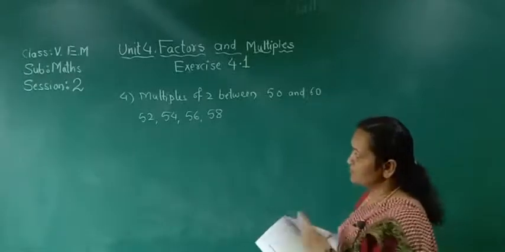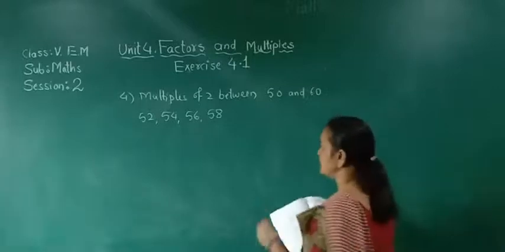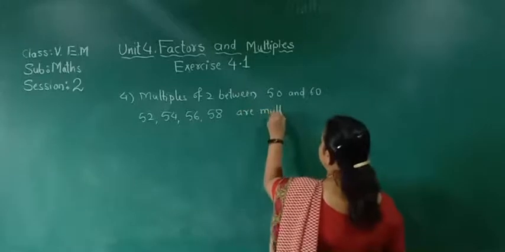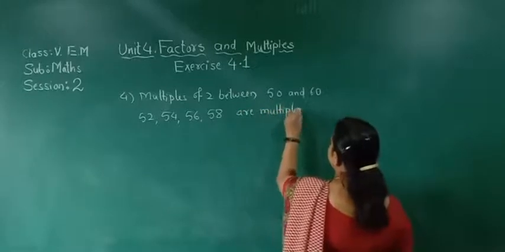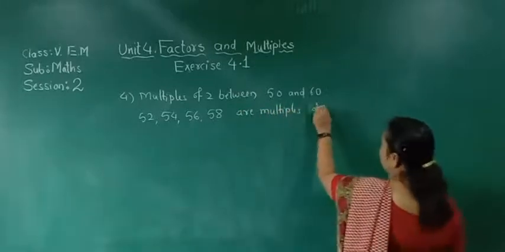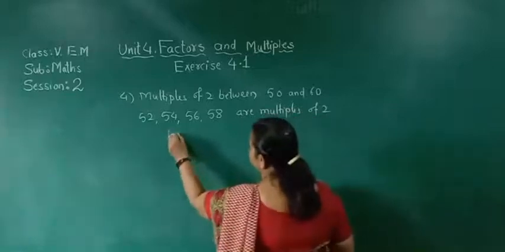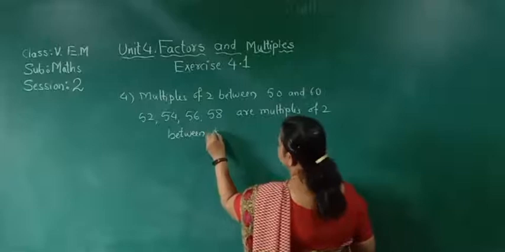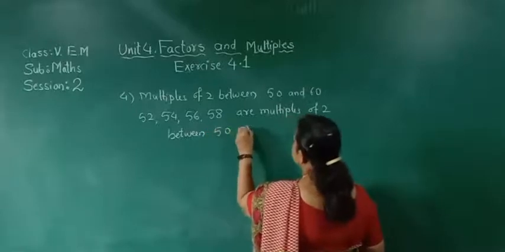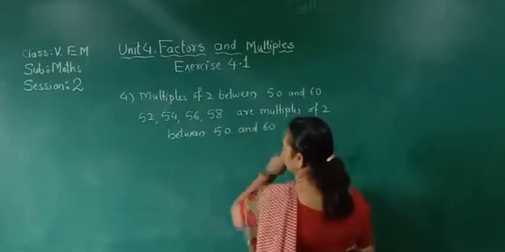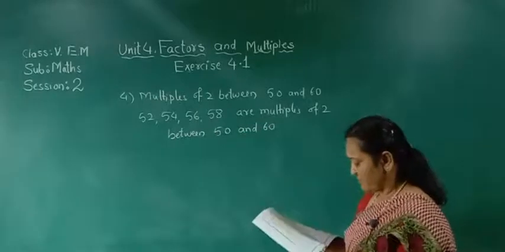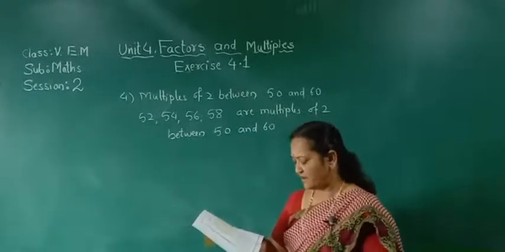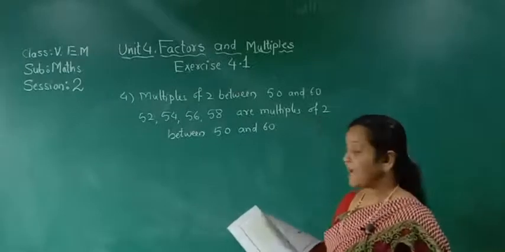So 52, 54, 56 and 58 are multiples of 2 between the numbers 50 and 60. This understood? Now fifth question, write the multiples of 15 between the numbers 50 and 100.